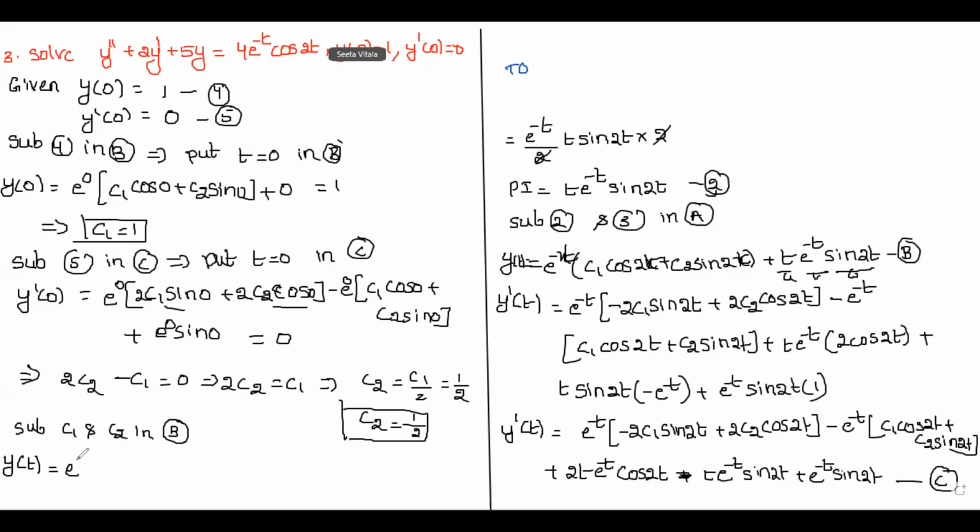So y is equal to e power minus t into c1 value 1, cos 2t plus 1 by 2 sin 2t, plus t into e power minus t sin 2t. So this gives the solution of the given differential equation. The only difference between the previous problems and this problem is that here initial value conditions are given, which are used to find the constants of the obtained solution of the differential equation.